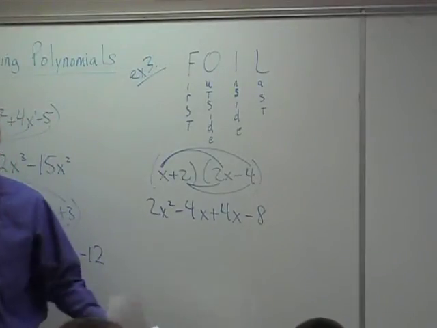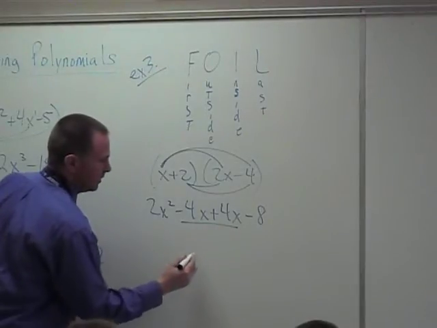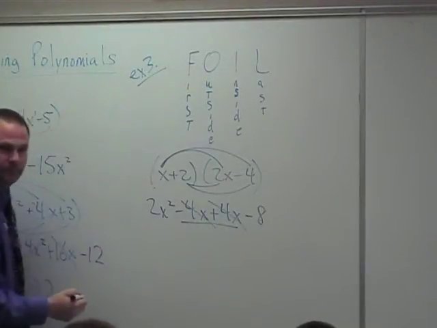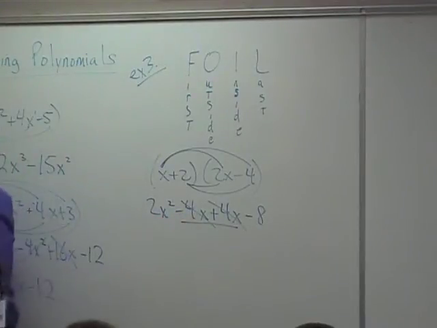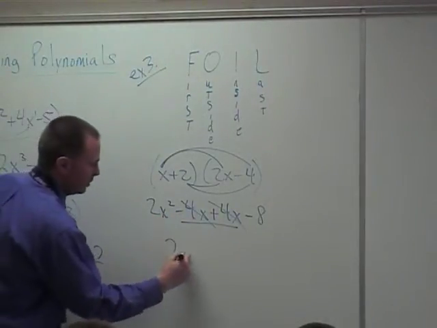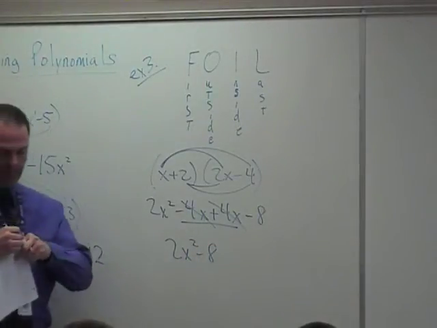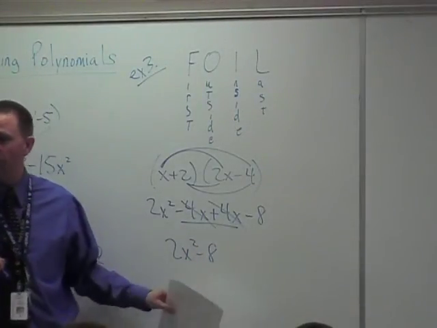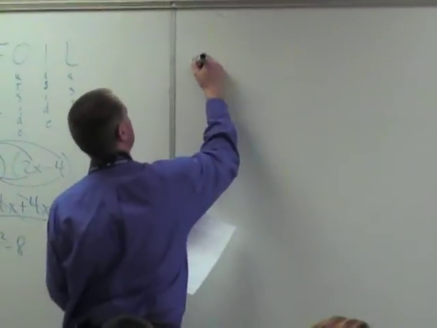It doesn't matter how you do it, you better get the same answer. So these two go together. That's 0, right? Negative 4x, remember you're adding. So now you have 2x squared minus 8. And you're going to learn how to do this backwards later on. That was example 3.